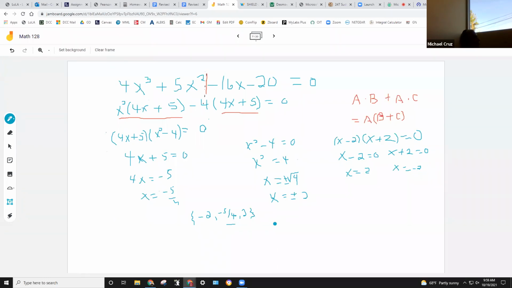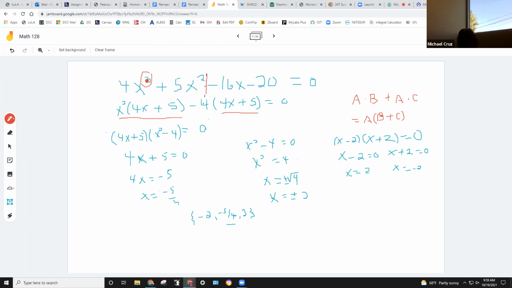And just kind of remember this, the highest power here lets us know how many solutions to look for. Now, it is possible that 2 of the solutions could have been exactly the same, but this would tell you more or less how many to look for.